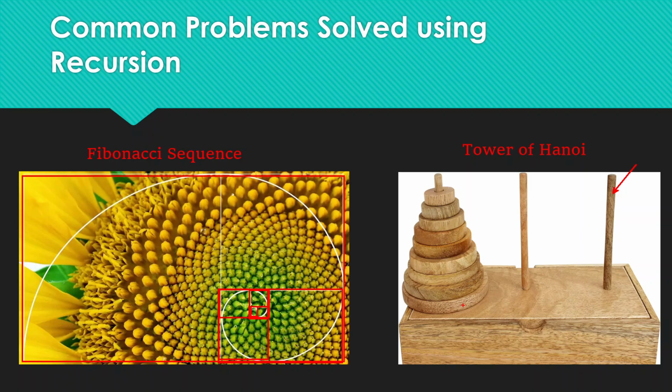You're supposed to take all these wheels, let me call them wheels, to the destination tower, and they're supposed to be arranged in this exact order. Yet we have rules. For example, you can only shift one wheel at a time, and you cannot put a bigger wheel on top of a smaller wheel. So it's kind of a challenge.